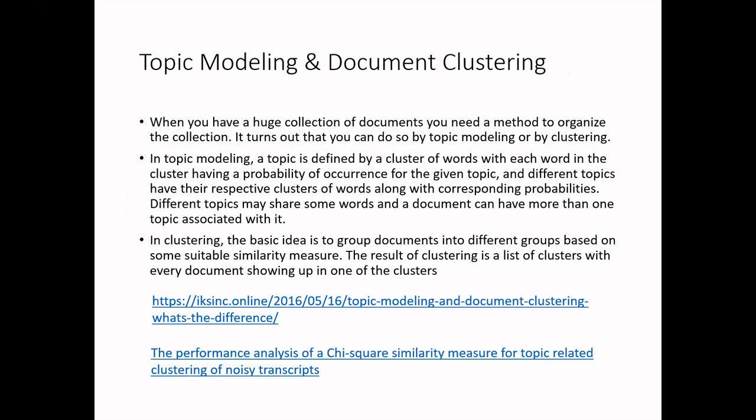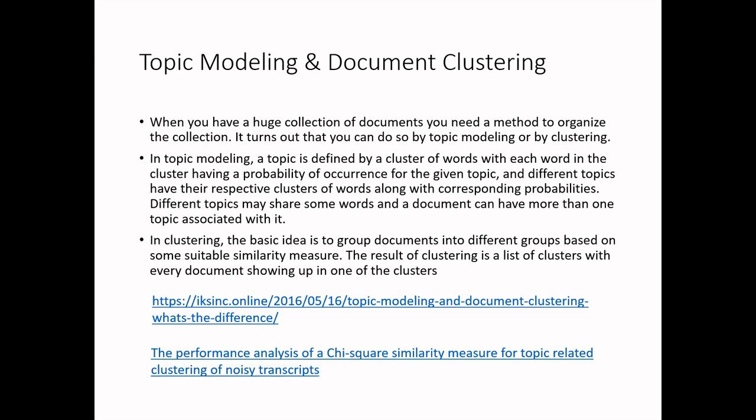Another point I wanted to mention before we wrap up this topic is topic modeling and document clustering. I just wanted to differentiate between the two. When you have a huge collection of documents, you need a method to organize the collection. You can do so either by topic modeling or by clustering.